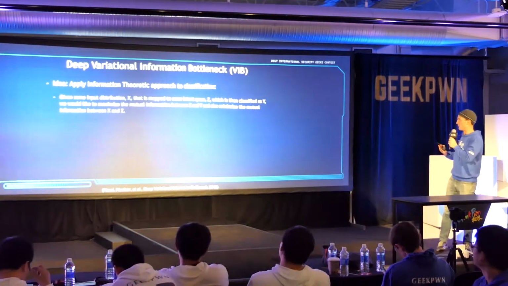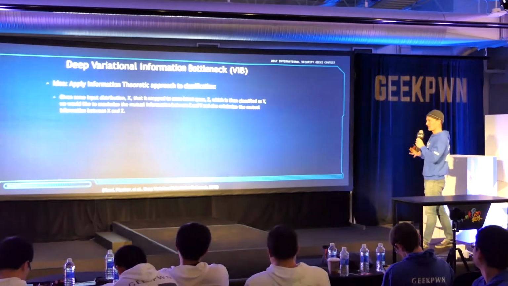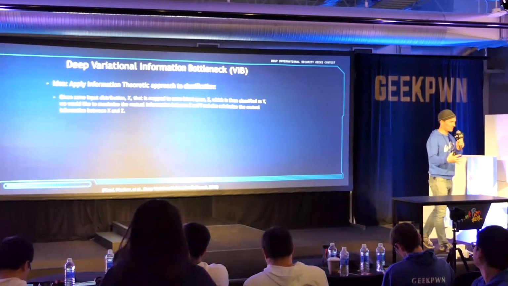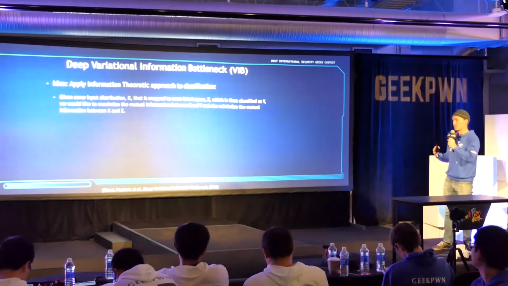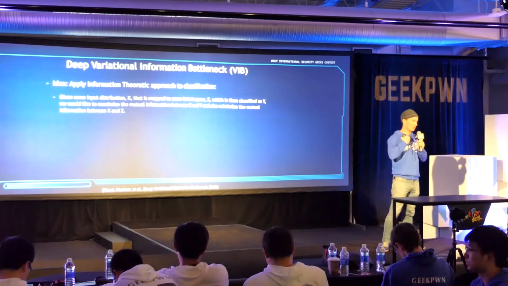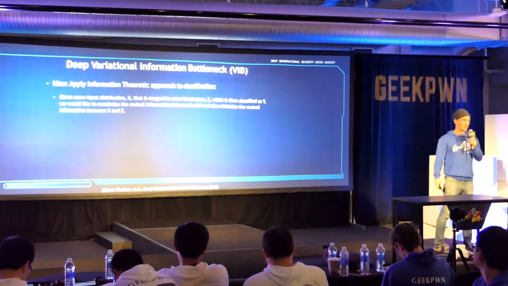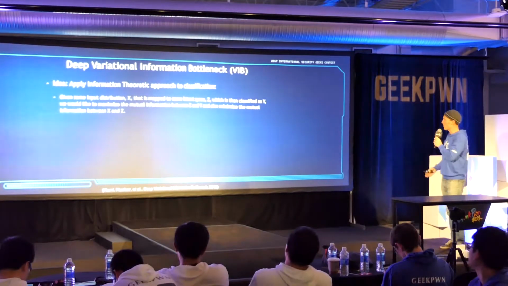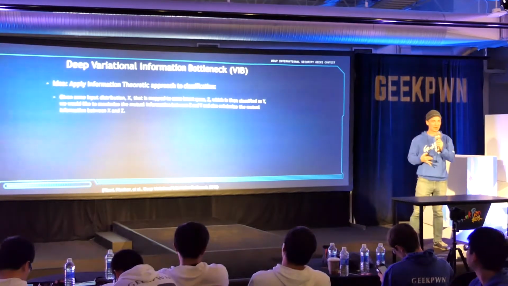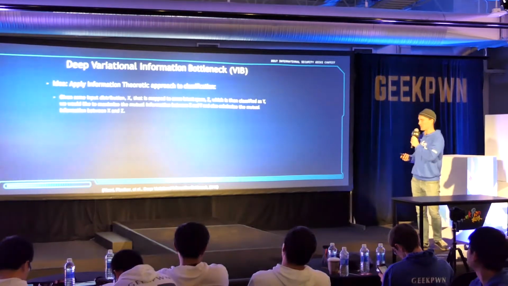If we're given some input distribution, some input set X, and we're going to map it to some latent space Z, and then try to classify from Z to our actual target classification labels Y, then we want to maximize the mutual information between Z and Y, while minimizing the mutual information between X and Z.